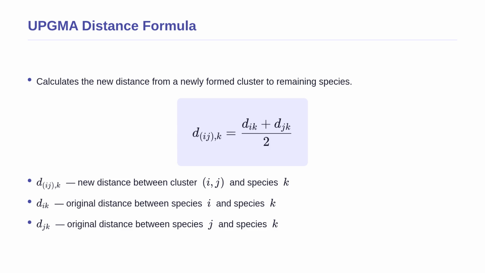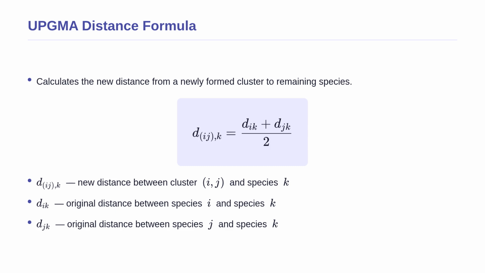To perform this step-by-step grouping, we need a way to recalculate distances every time we form a new group. This is the UPGMA average distance formula. Conceptually, when we merge two closely related species into a single cluster, we need to know how far this new cluster is from all the other remaining species.